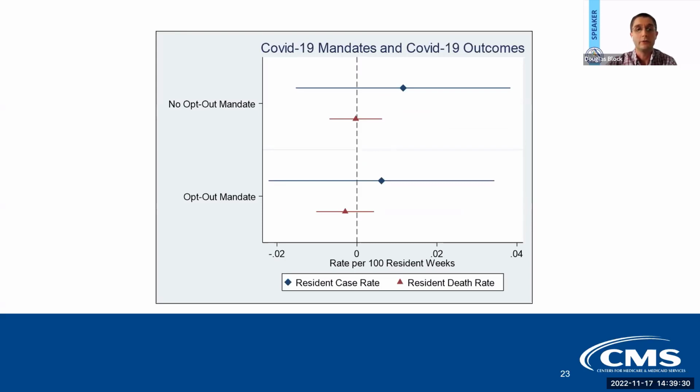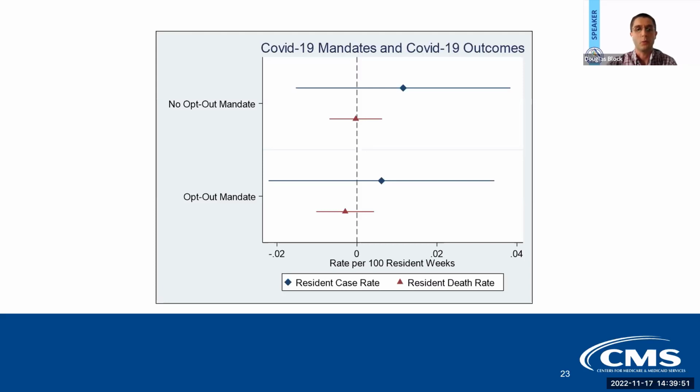And then we get to resident case and death rate. And here, again, we see that all the metrics go through the 0 line. And so what we have to say is that we could not detect an association between either type of mandate and changes in resident COVID-19 case rates or death rates.